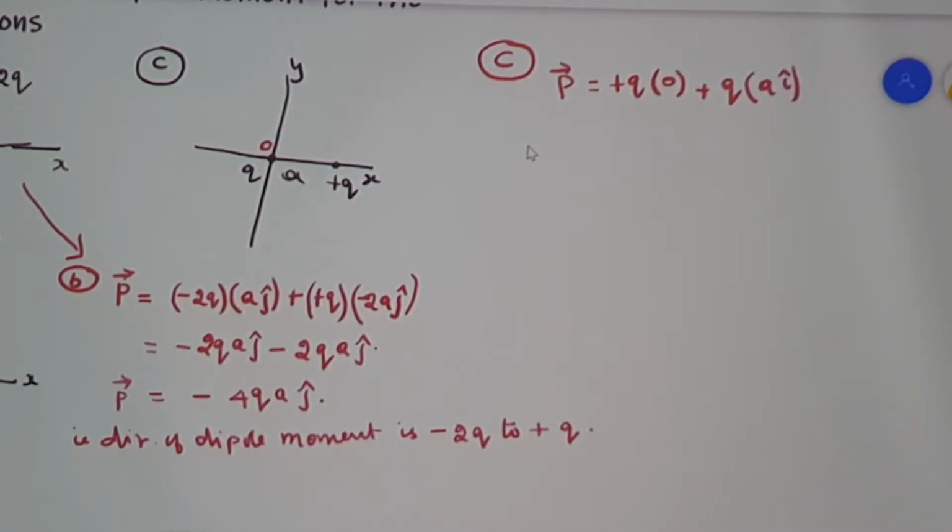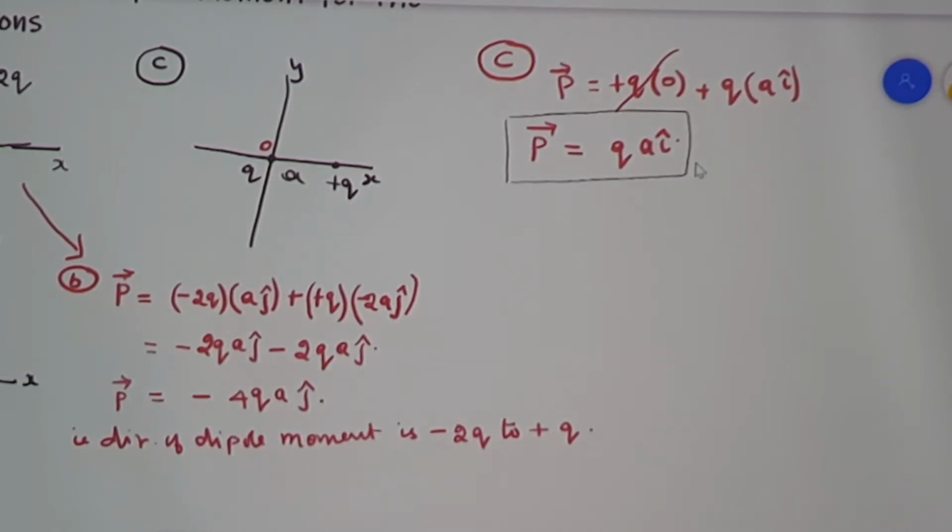So what will the dipole moment be? The P vector is equal to, this term tends to 0, so you get Q a i cap. This is the answer for the third subdivision, which we call C.